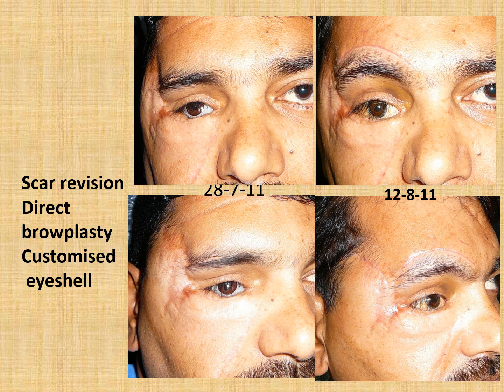Same patient, different views to show the scar revision. When we took the Fricke flap, it gave rise to a good browplasty, and the customized eye shell gave a good contour.